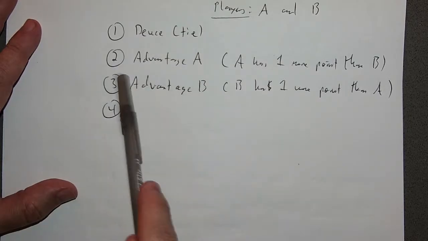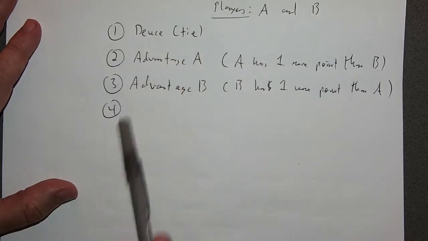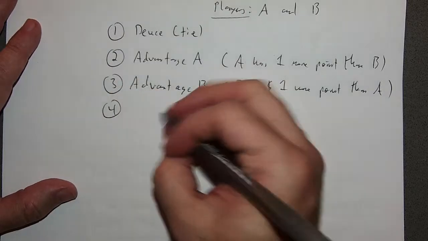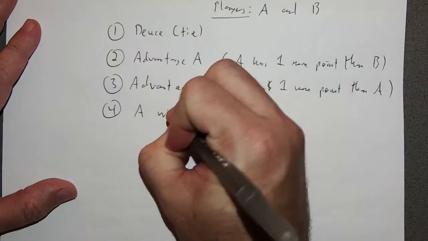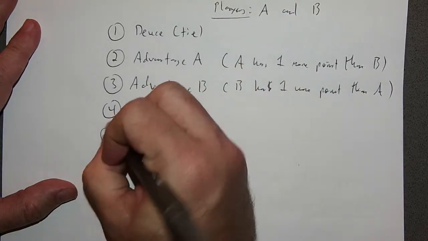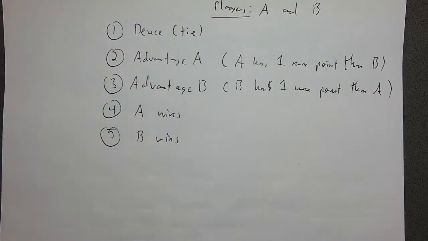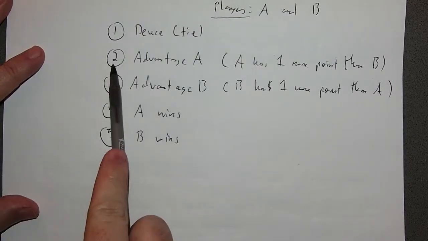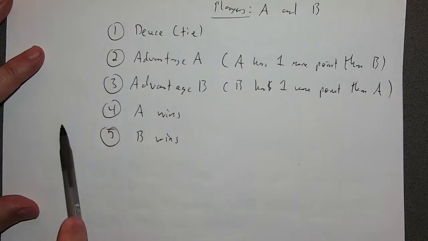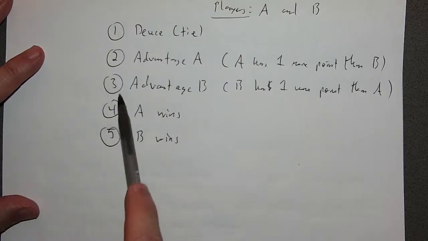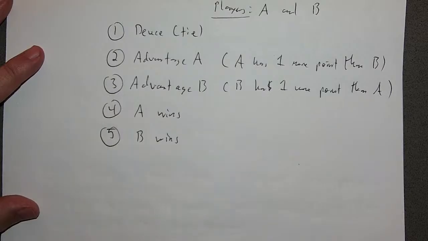In State 3, if A scores, we're back to a tie. So the next state, State 4, is A wins. The last state, State 5, is B wins. Notice that you cannot get from State 2 to State 5 in 1 step. You cannot get from State 3 to State 4 in 1 step.